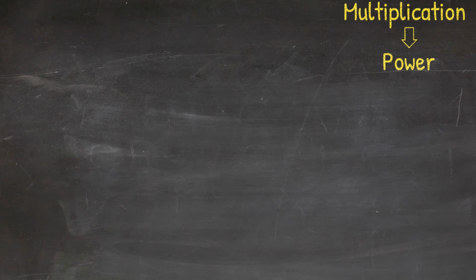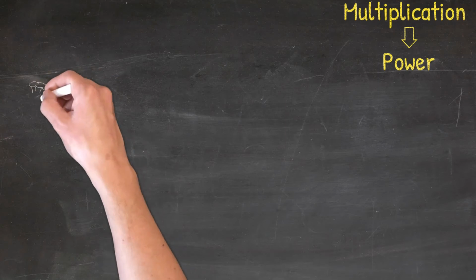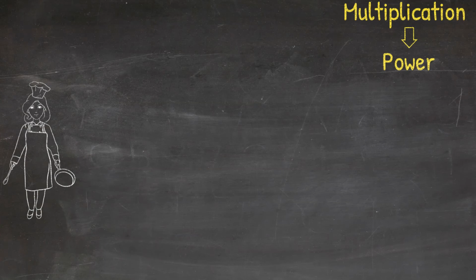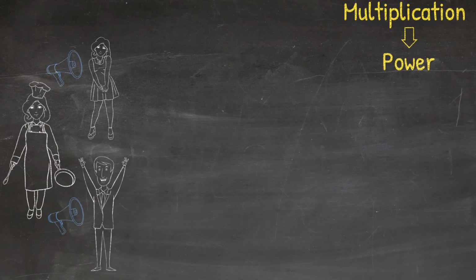And to review the concept of power, we'll look at a situation where our friend opens a cooking channel on YouTube. And let's assume that our friend invites 2 friends. And let's further assume that each of the friends that she invites, that in turn invite other friends, have a multiplication effect of 2.